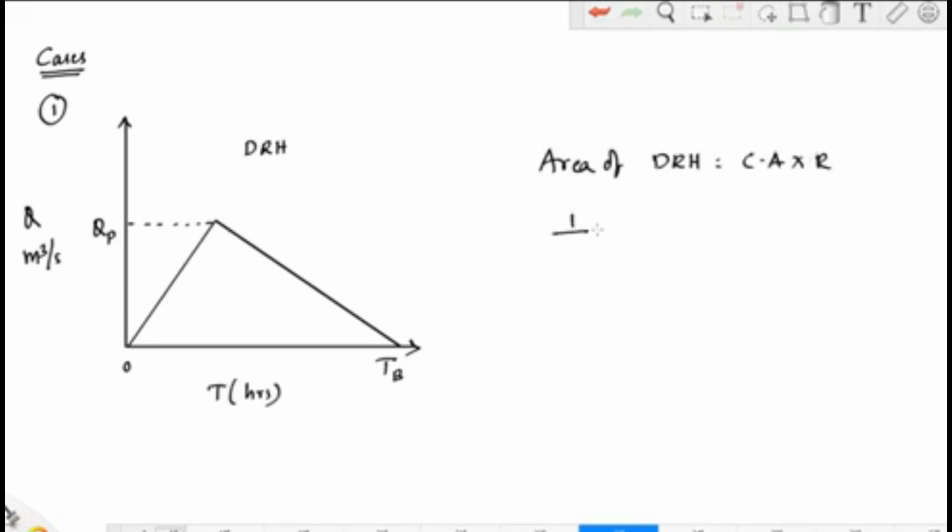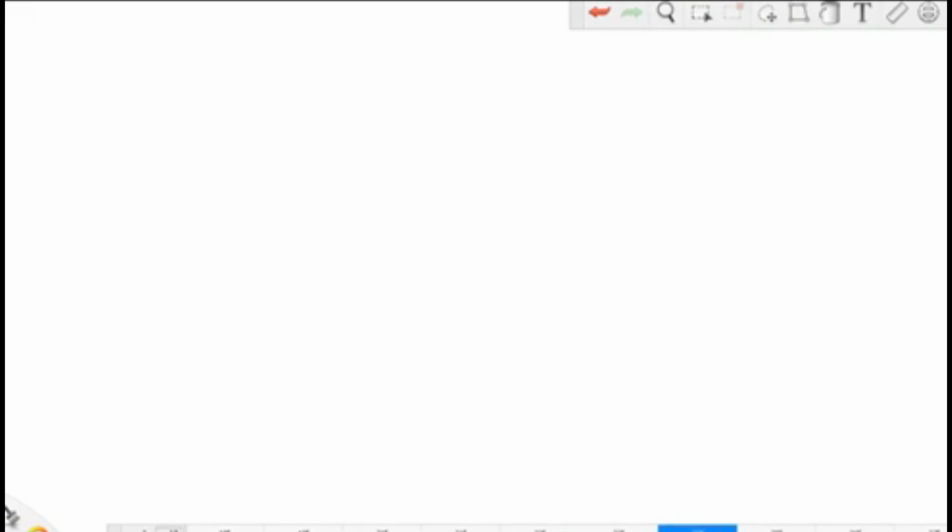So area you can use half into base time into QP. That is equal to catchment area into runoff depth. So conversions you have to make accordingly, okay, of units. So you get case 2 also.